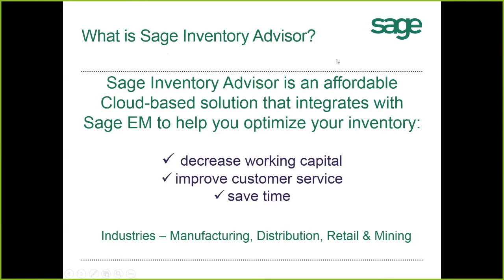Now, Inventory Advisor is an example of a connected service. And one of the things Sage is trying to do is to enhance the investment our customers have made in our ERP platforms, of which Enterprise Management is our flagship product, by offering solutions that complement or extend that investment.